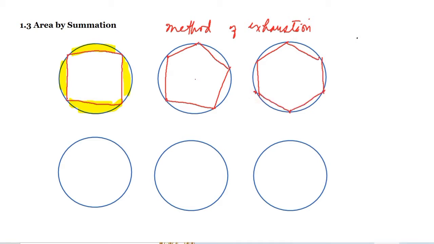And so, kung i-compare natin, yung error natin ay lumiliit, no? Nang lumiliit if we are going to add more sides to our polygon inscribed in a circle.